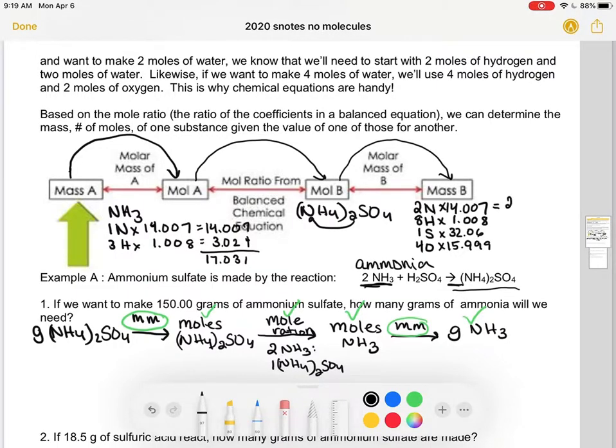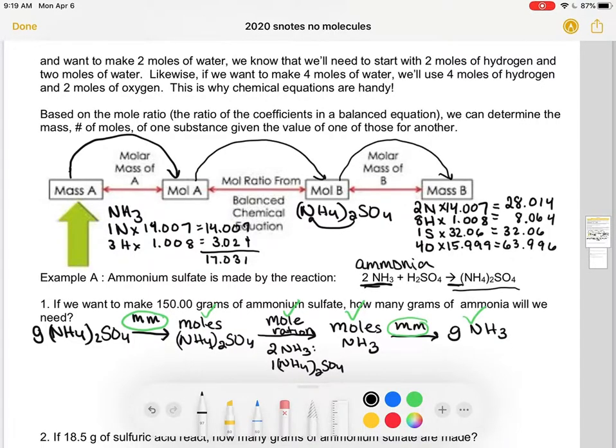So we have 28.014. We have 8.064. We've got 32.06. And we've got 63.996.